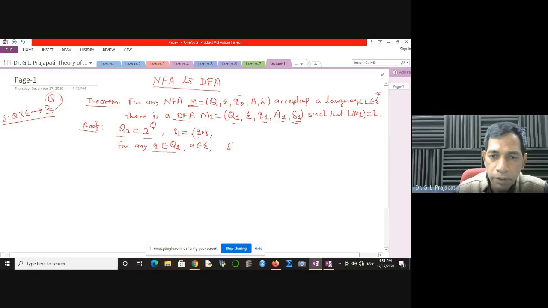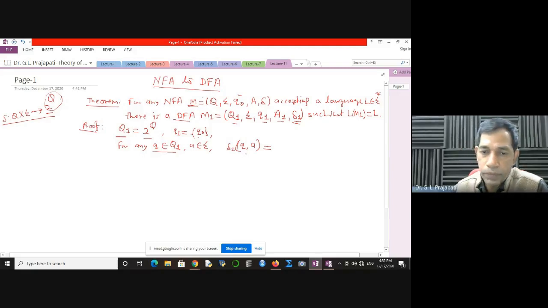The transition of the DFA we denote by delta 1. You are in the state q and have the input a, and you need to define the transition. q can be any state of your DFA. From that state, if you have some input from Sigma, you need to define where you can go, because in a DFA you have to define the transition for every input from every state.